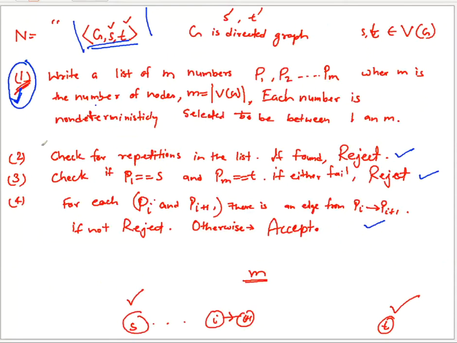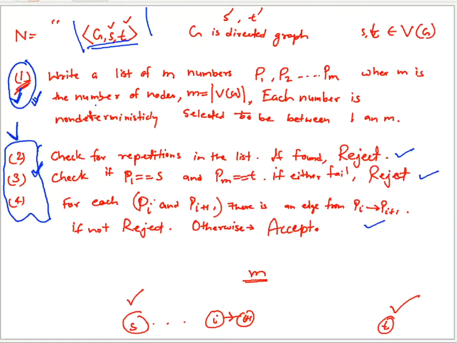And these steps that you are doing for the check are the same steps that you're going to do in the verifier also. Even if you give a certificate as a path, you're going to verify these three things exactly in the verifier. So in every non-deterministic Turing machine, this is the step to guess the certificate. Then how are you going to verify the certificate? These are those steps.